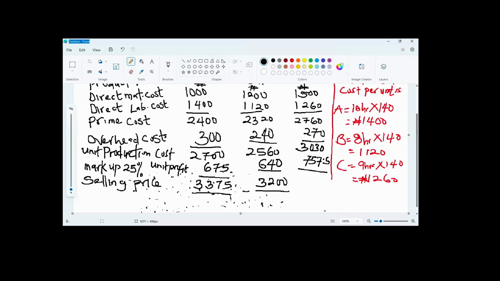Next. 3,787.5. We are done with requirement A. This is the traditional absorption costing method.